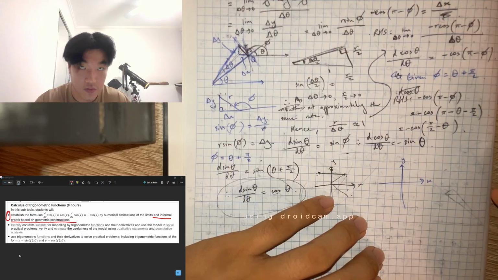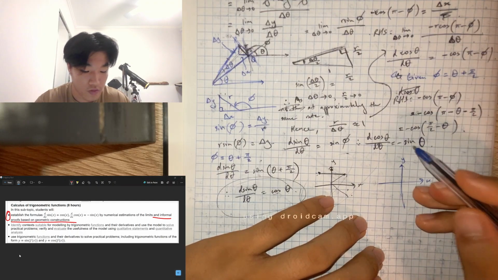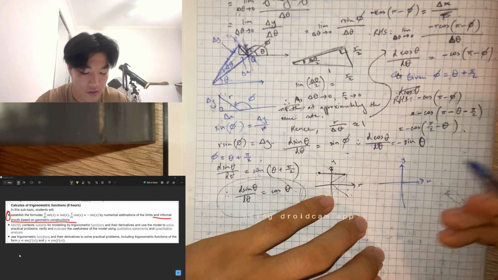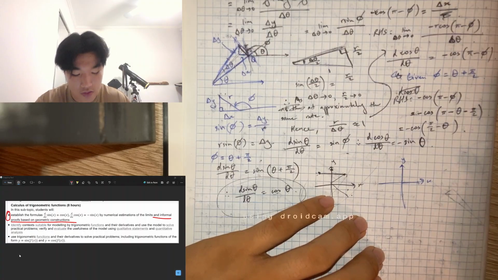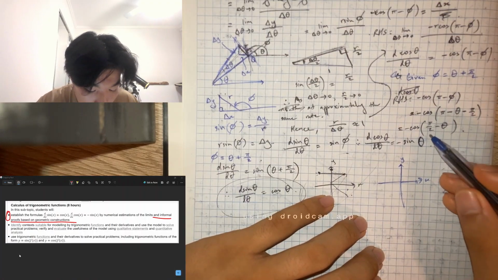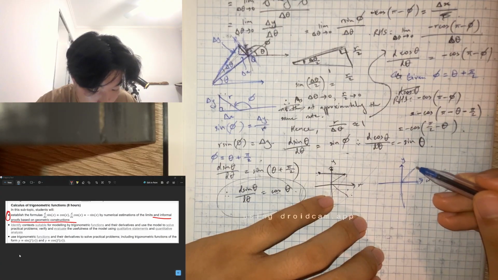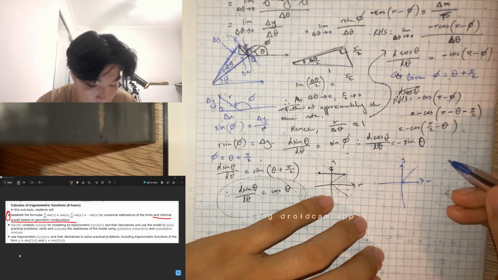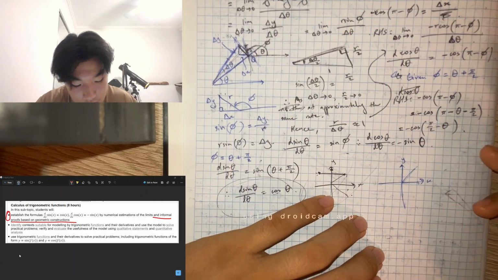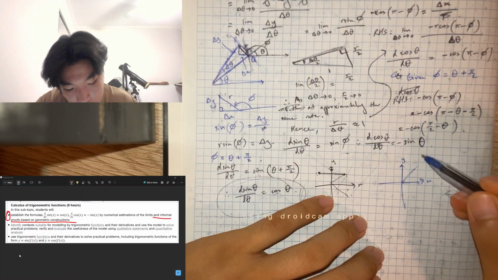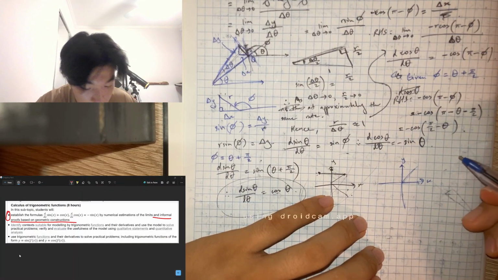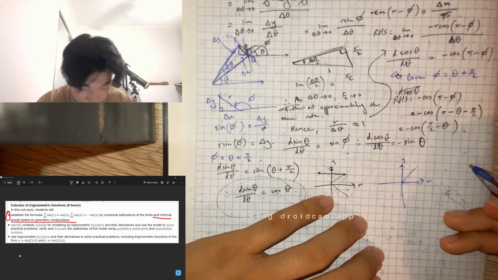It's 0 for sine as well, because at angle 0, there's no y value. The y value is 0. Okay. What about pi over 4? It's going to be over here. It's going to be negative square root 2 over 2. Same thing, pi over 4, negative square root 2 over 2. What about pi over 2?